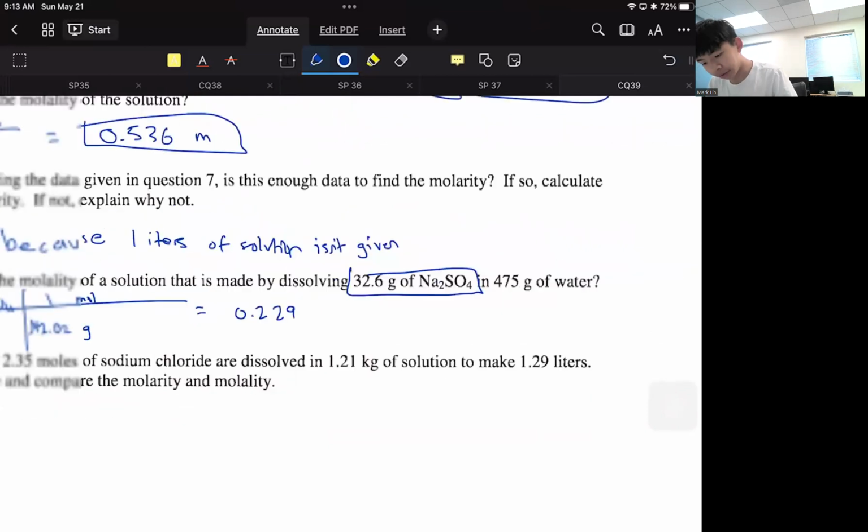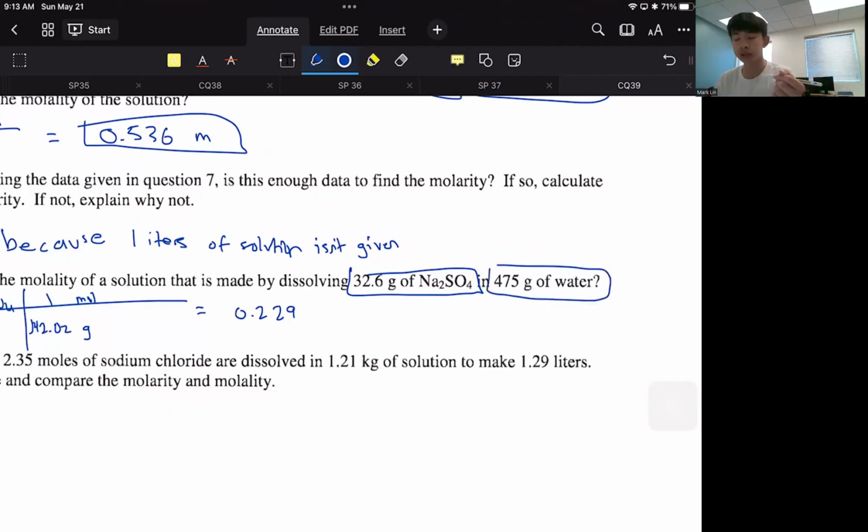And then we have grams of the solvent, but we need kilograms of the solvent. So to go from grams to kilograms, it's the same thing as milliliters to liters. We move it 3 decimal places to the left. So 1, 2, 3, 0.475 kilograms.